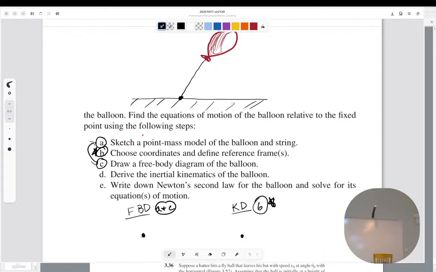We should end up with some kind of second-order equation. That was just like force. You're right. You're right.